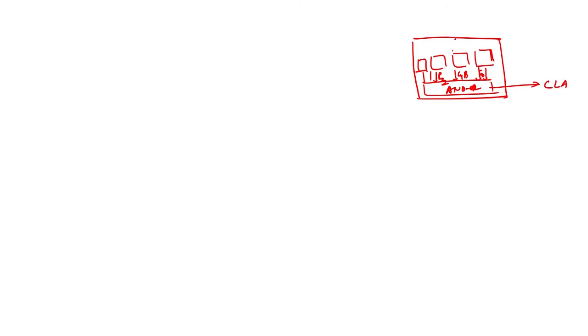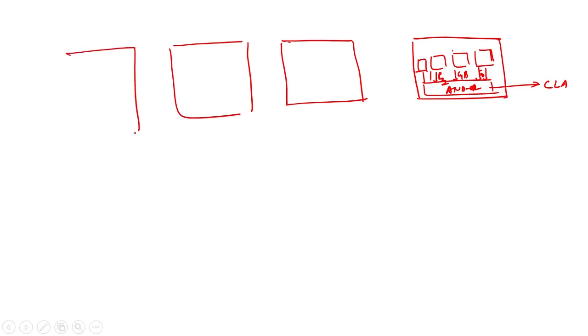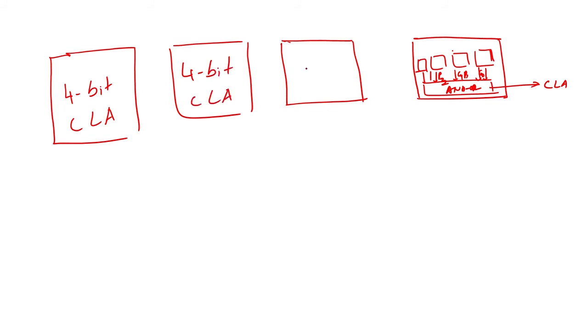Now, you consider this is a 4-bit, similarly you have another 4-bit CLA, another 4-bit CLA, and another 4-bit CLA. Now, in a similar fashion, here we get input from this circuit.